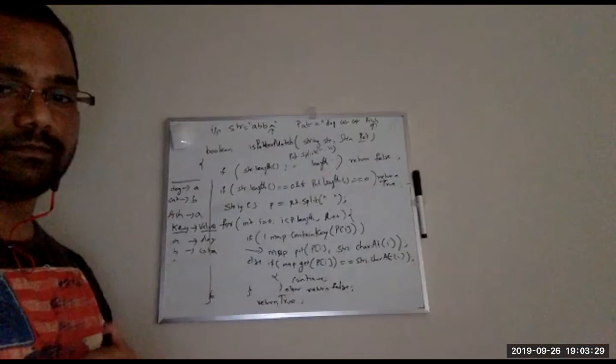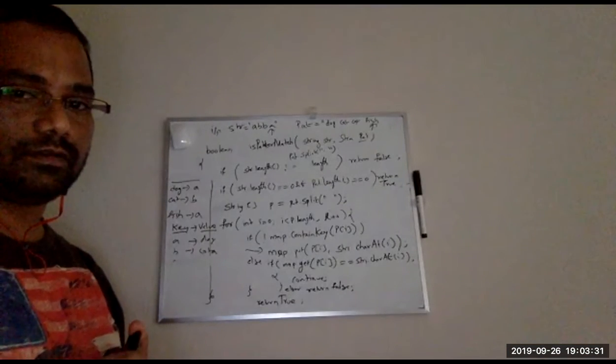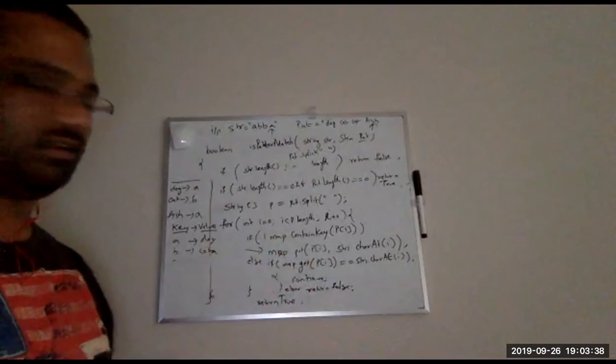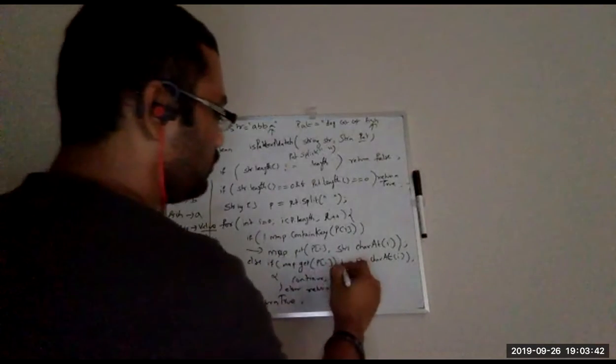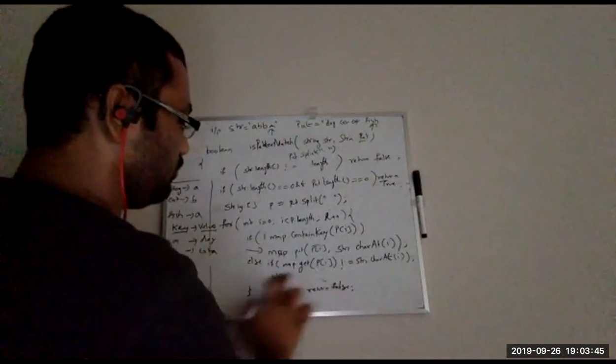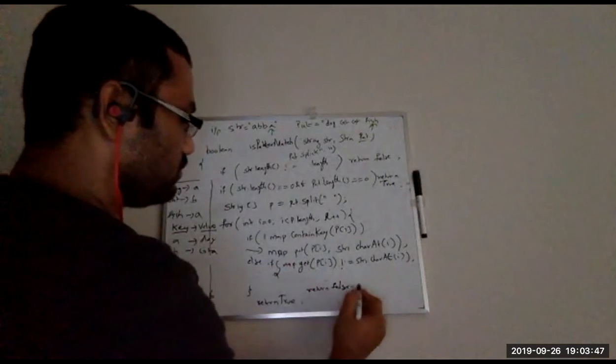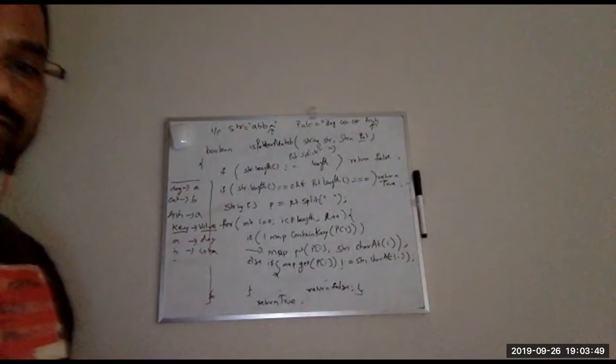Also, you don't even have to do anything in the if condition. We should not do anything there, so we can write is-not-equal to this one and just return false. That's it.